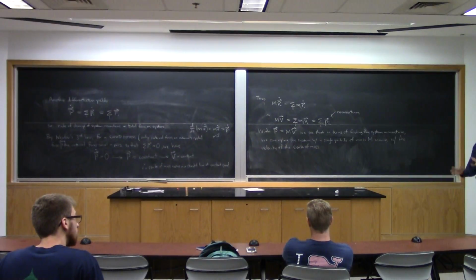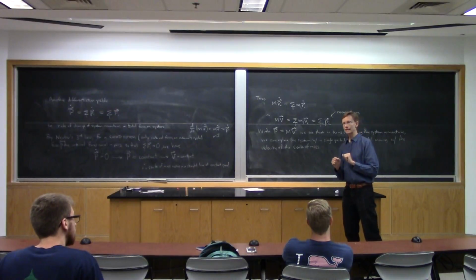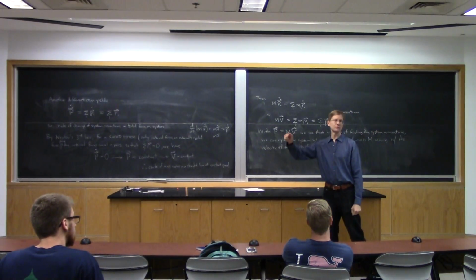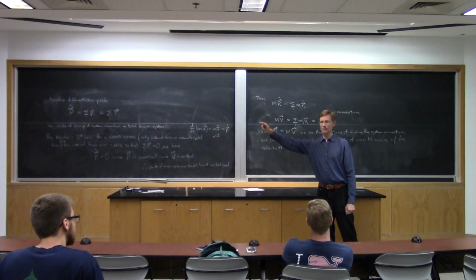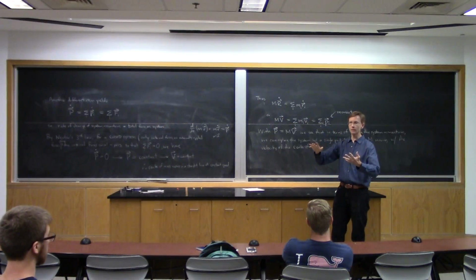Now, if you were carrying a bowling ball, you could throw the bowling ball, and in that case, the center of mass of you and the bowling ball continues moving in a straight line at constant speed, because you can consider the system to be you and the bowling ball.